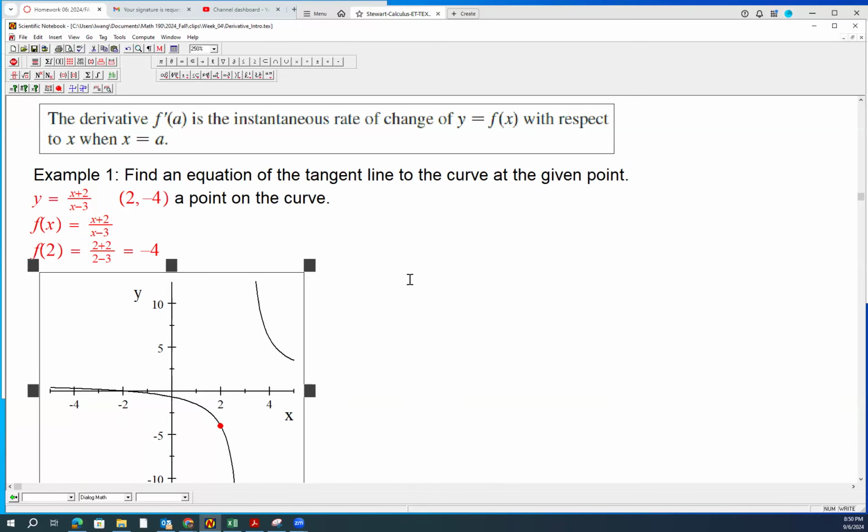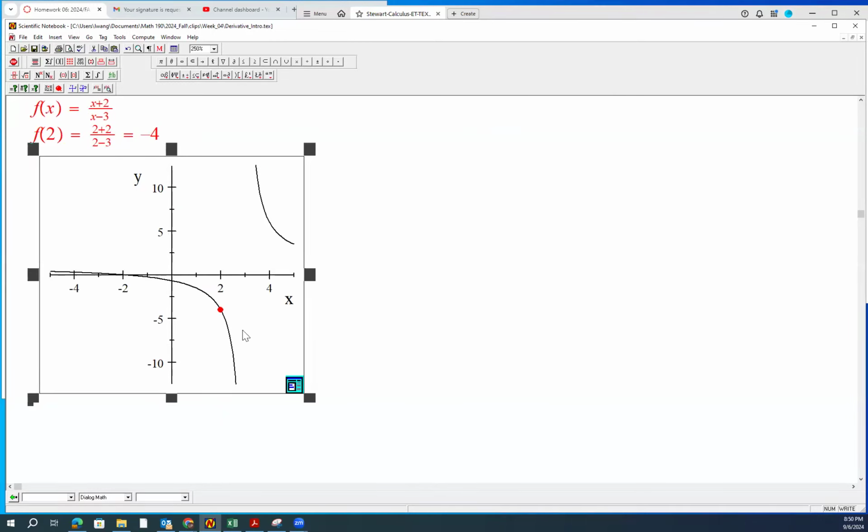We can draw it for ourselves just to take a look. It's approximately something like this. So this is the tangent line. And we want to find the equation of the tangent line after we find the slope. So that's the idea.